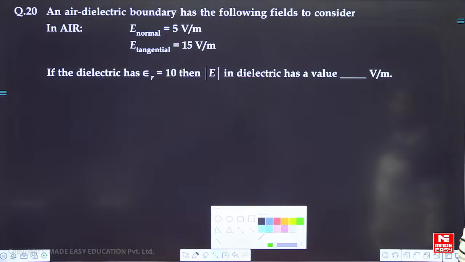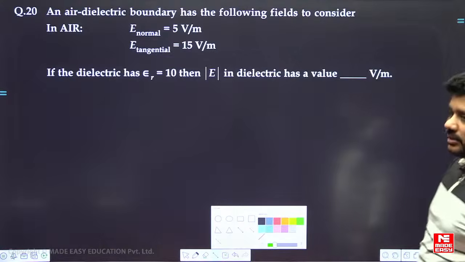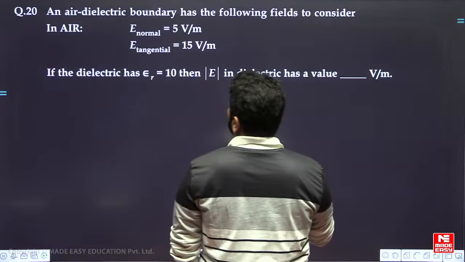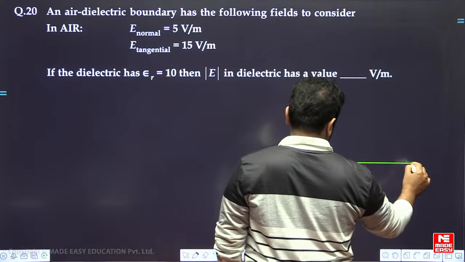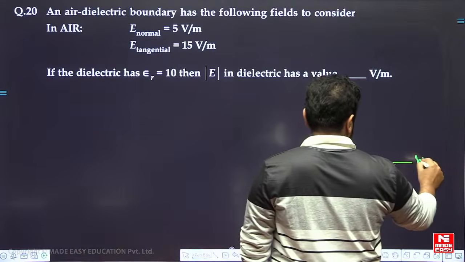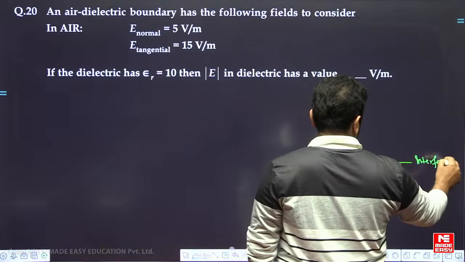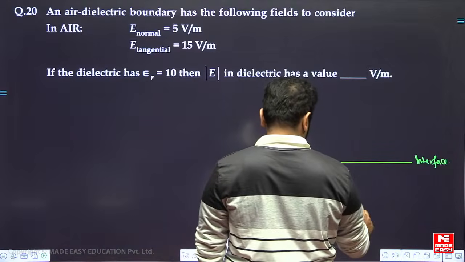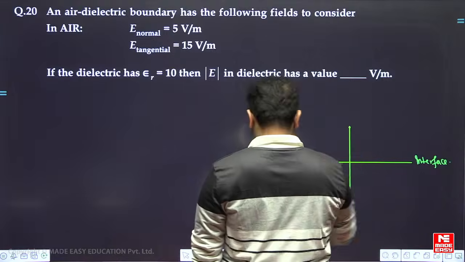If the dielectric has epsilon r equal to 10, then mod E in the dielectric has a value of how much? Question number 20. So, let us say this is the boundary, even though they have not mentioned which interface. So, let us say this is any interface. Let us say this is the normal.